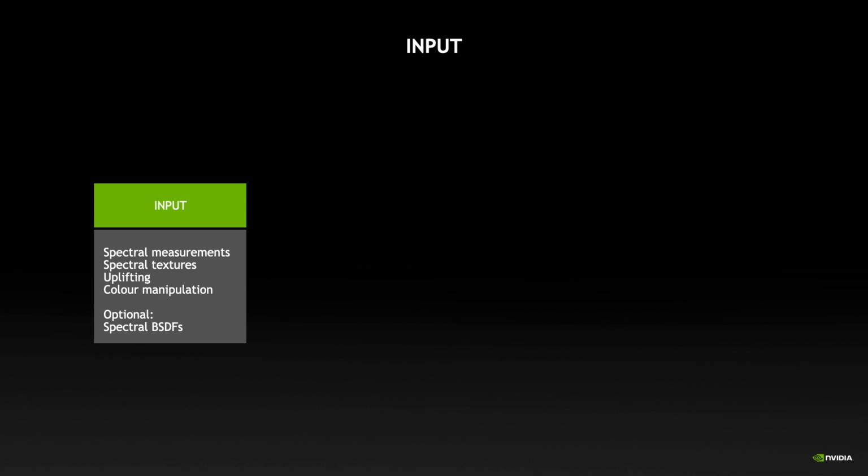You need to produce spectral data because the renderer will use spectral data as a quantity during light transport. So the core problem there is how to get the data into the renderer and where to get the data from. Spectral BSDFs, at this point, are optional. You can, of course, do all those wavelength effects, but really they are not a necessity for a spectral renderer.